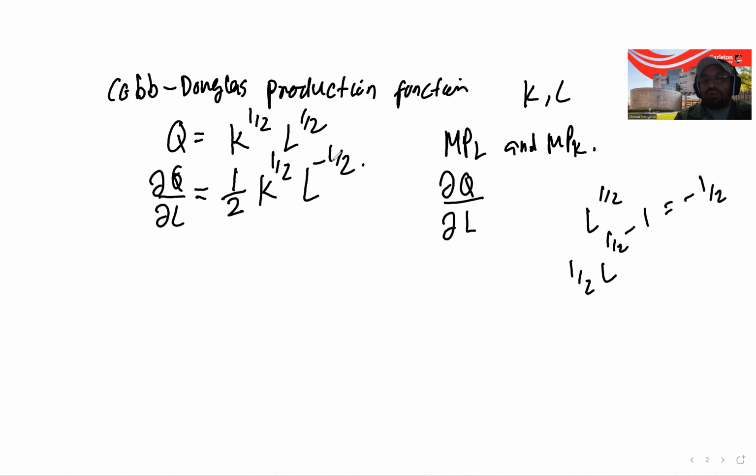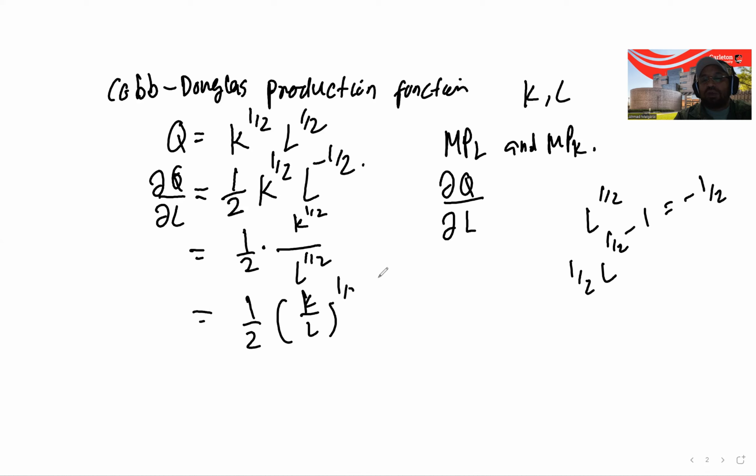So here we go. This is what we have, and you can further simplify it because L is raised to the power of minus 1/2. Basically, this means 1 over L to the power of 1/2. So you can write it as 1/2 times K to the power of 1/2 and L to the power of minus 1/2. And you can further write this as 1/2 times K over L to the power of 1/2.